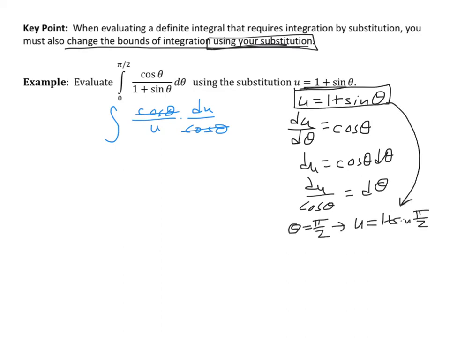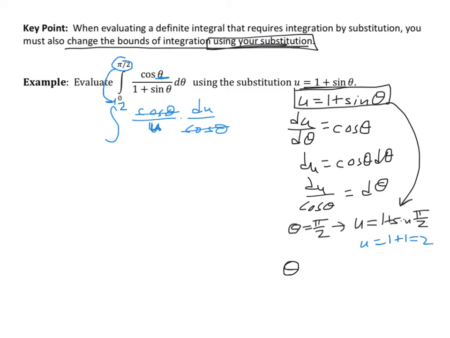I'm saying if theta is pi over 2, then when I put that pi over 2 in, I should be able to find out what u corresponds to that one. And so when I work this out, I find that this u value is 1 plus 1, which is 2. Yay! And that means that I can put 2 as my upper bound, because I'm replacing the pi over 2, which was a theta variable, with 2, which is a u variable.